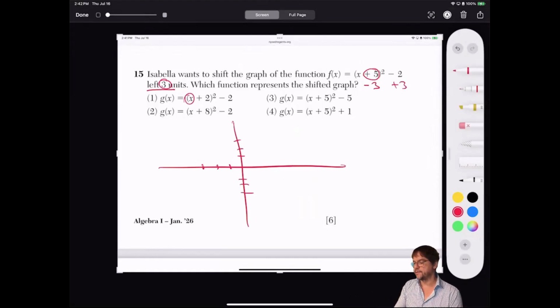If you want to decrease, you subtract 3. But in the x, if you want to go left 3 units, you need to add 3. There's a whole explanation for this, especially for algebra 2. You need to know this for algebra 2, but it comes from algebra 1. Okay, so it will be 8. Is that okay? Because you need to add 3 to go 3 to the left. Okay? So it's number 2. Is that okay?